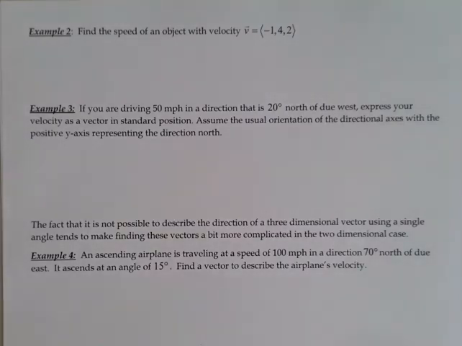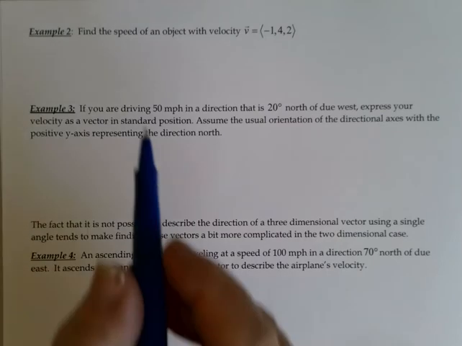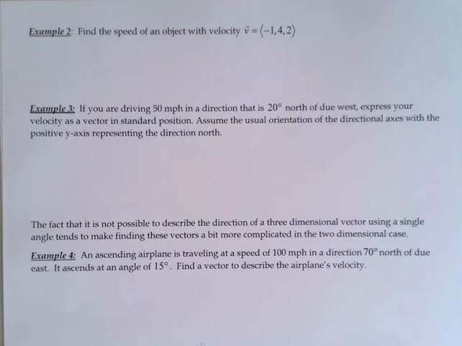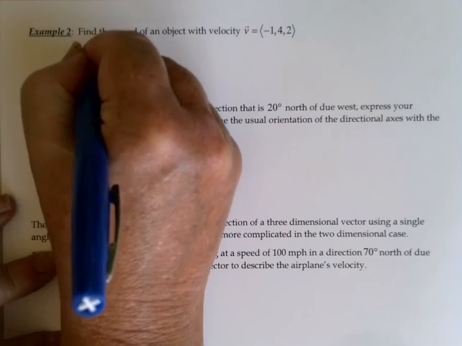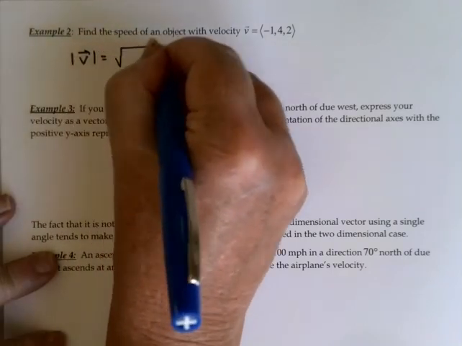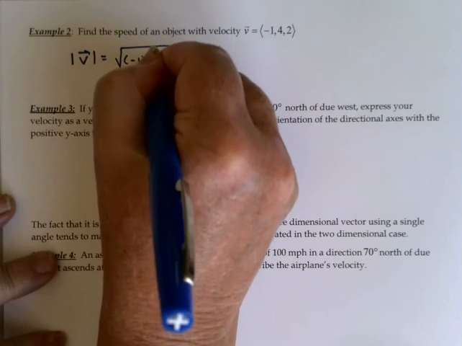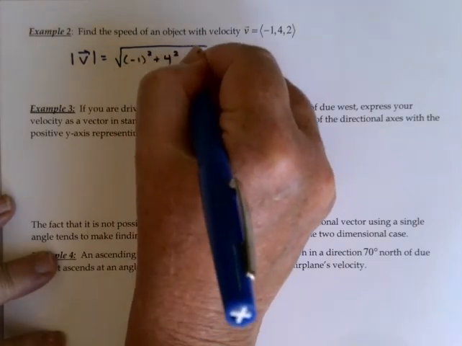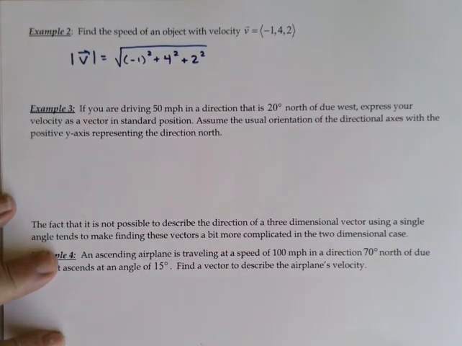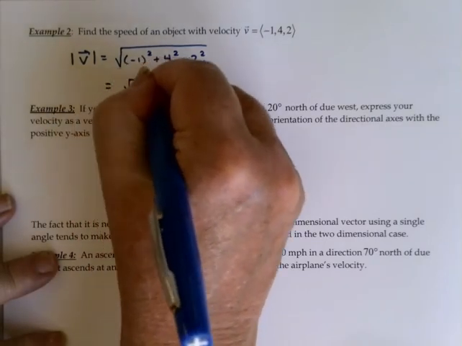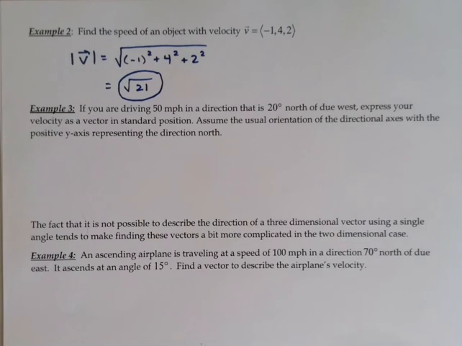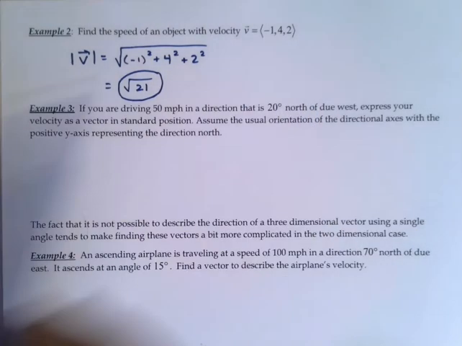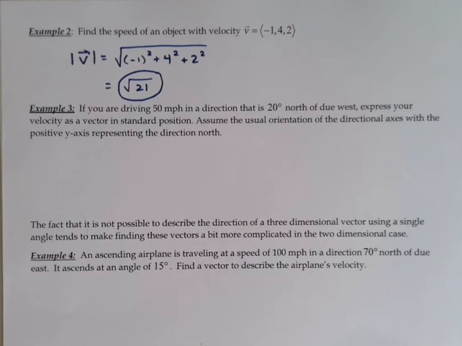All right, example 2 puts us in the three-dimensional case. We'd like the speed of an object with this velocity vector. And of course, again, speed is just magnitude. So we're just looking at the square root of -1 squared plus 4 squared plus 2 squared, or the square root of 21. And I'll just leave that one exact since it's not so bad. As far as direction for a three-dimensional vector, the vector itself is just going to be the best way for us to describe the direction.